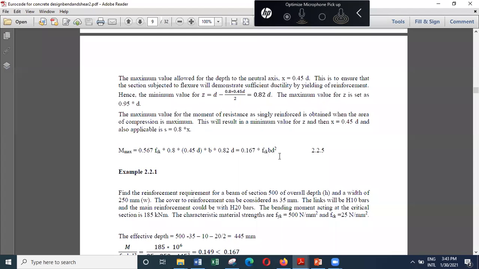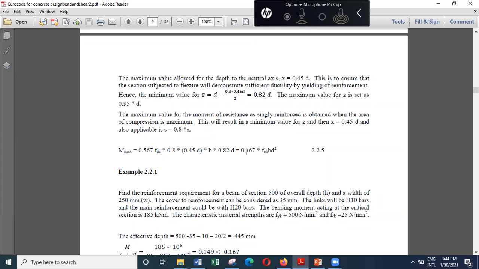Then you will end up with this equation, which is a very useful equation because it will tell us the maximum moment carrying capacity of a section when we are having only the tension reinforcement, or we call it singly reinforced.